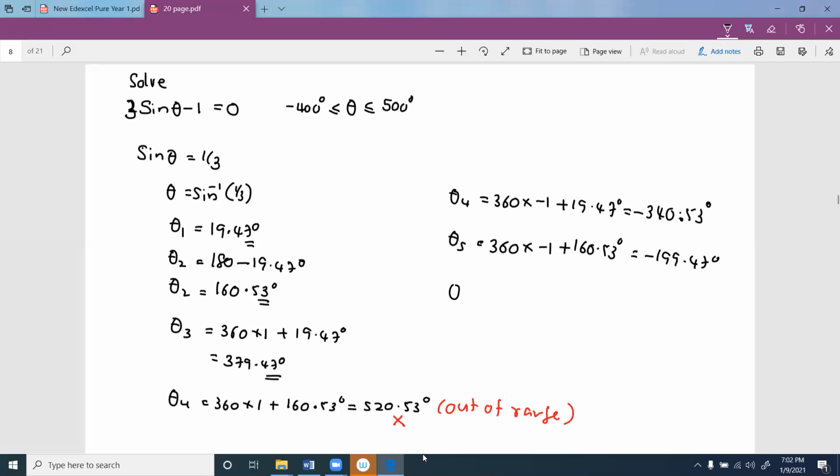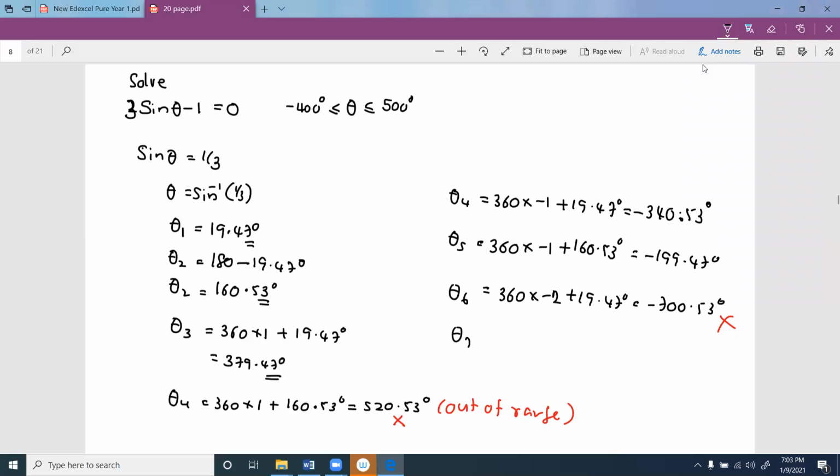Let's go to the next one, because you can go a little bit further. Theta 6 is 360 into minus 2 plus 19.47, which is minus 720 plus 19.47, giving minus 700.53. This one is also out of range. We will work out the other one and see whether it comes.